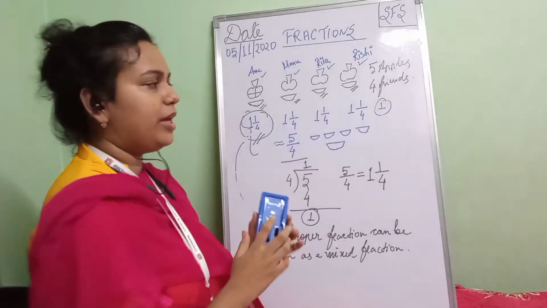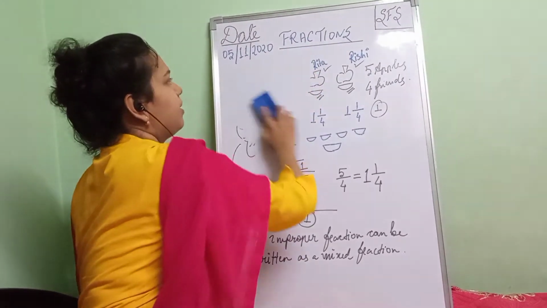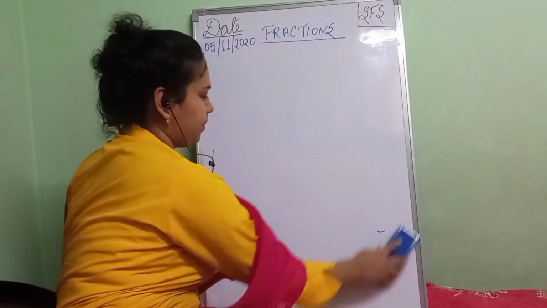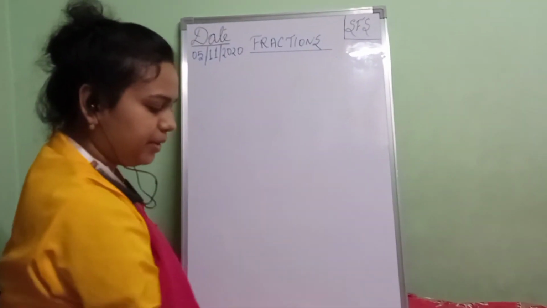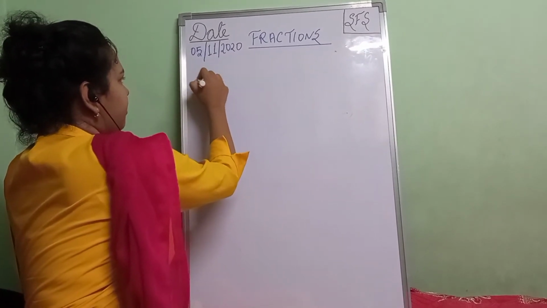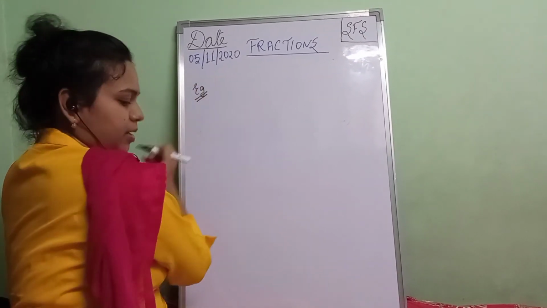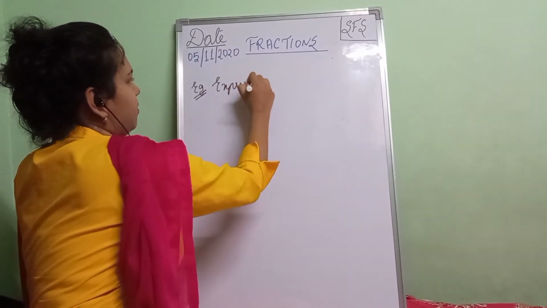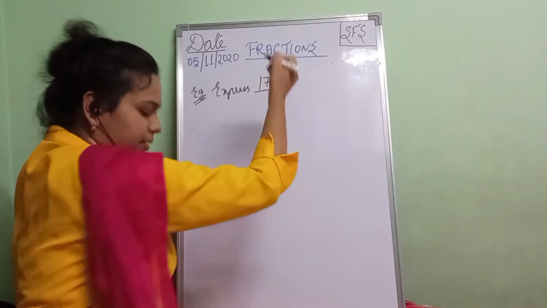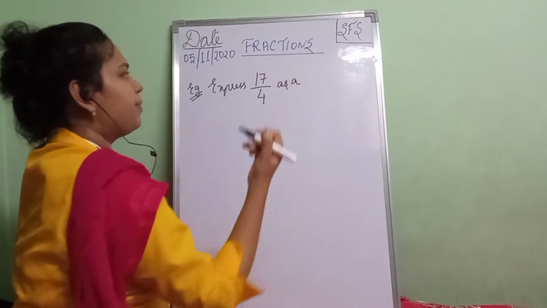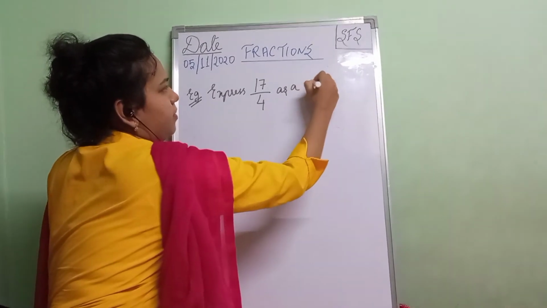How do we do that? Alright? Let us take an example. Okay, children? Let us take an example. Express 17 by 4 as a mixed fraction.